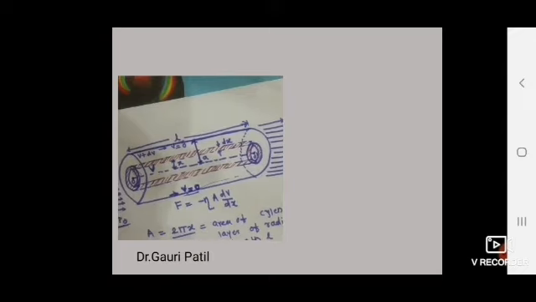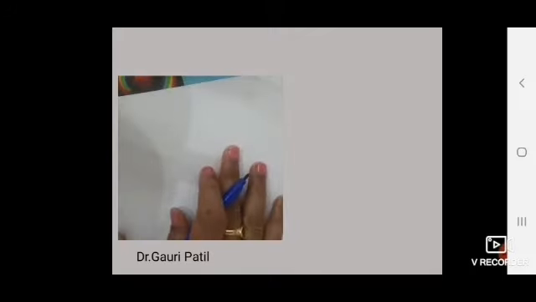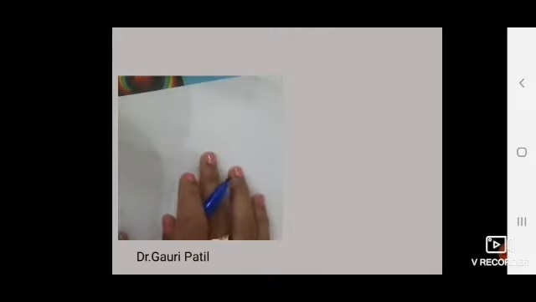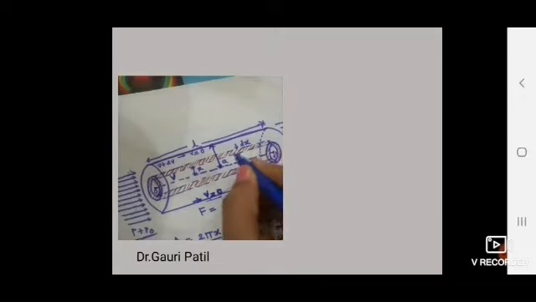So after that, now consider another coaxial cylindrical shell of the liquid of radius x plus dx, and the cross-sectional area between the two shells is 2 pi x dx. Here in this figure, x plus dx means that much distance.